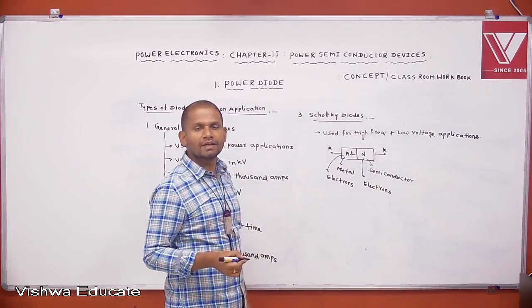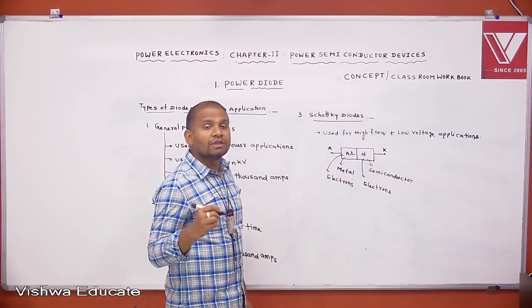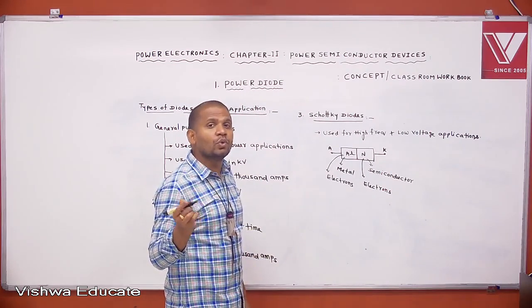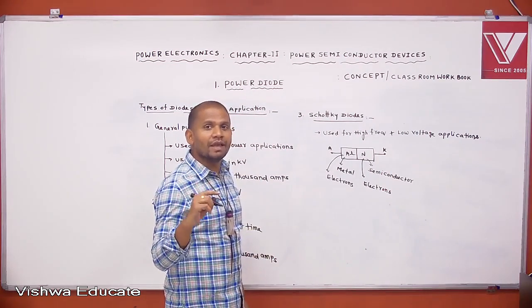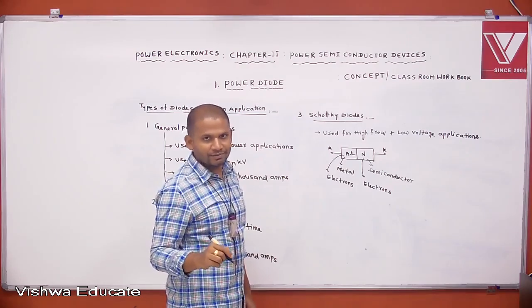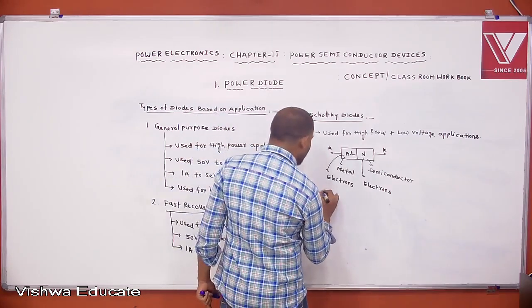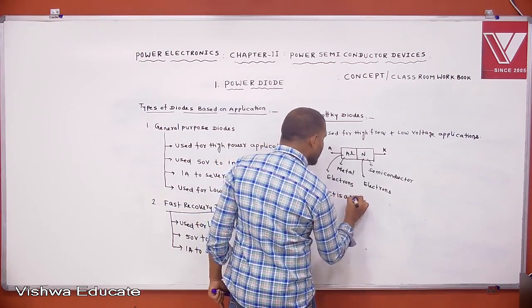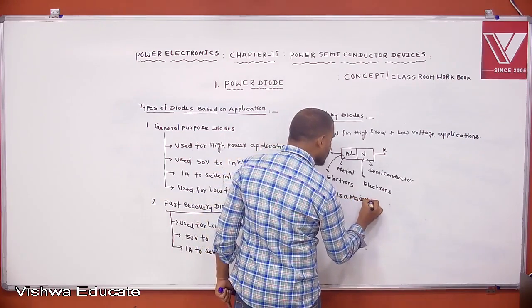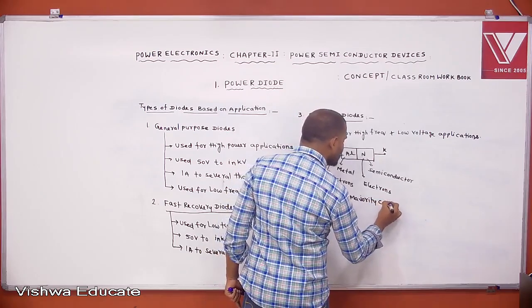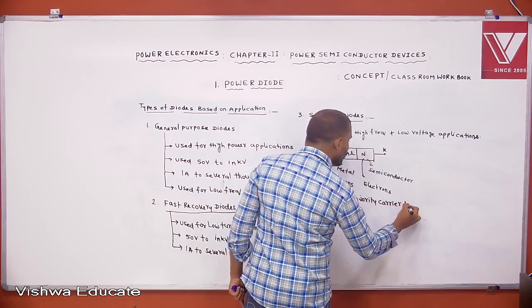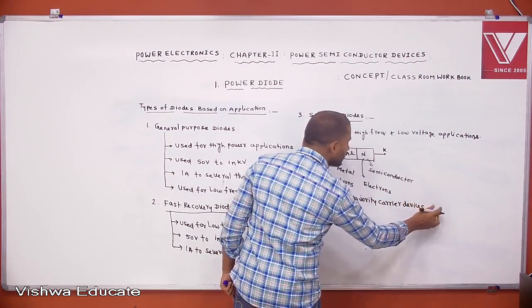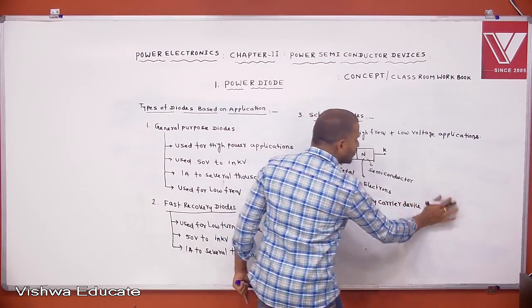Majority carriers is. That's why in a Schottky diode the total conductivity is due to only electrons. Hence it is a majority carrier device.